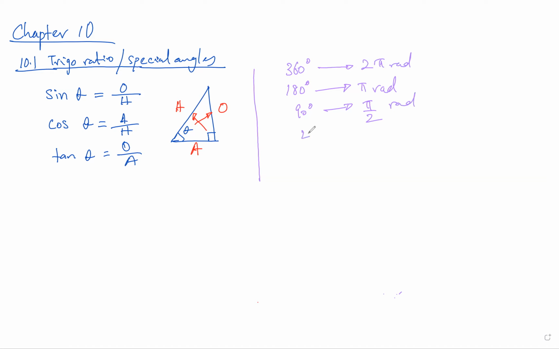If I talk about 45, then it's pi over 4. Then 60, pi over 3 radian. Then 30 is pi over 6 radian. So all these are your conversions.